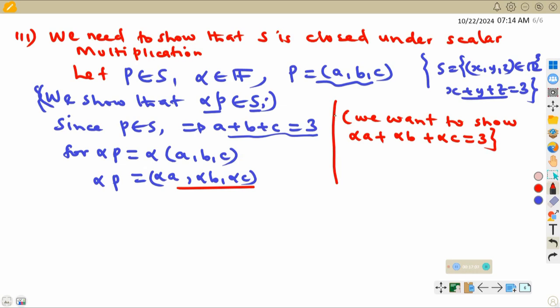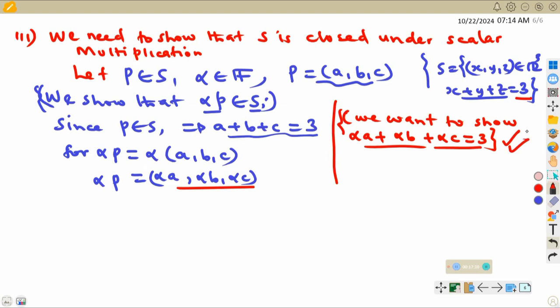This is what we are interested in. Because by the condition given, X plus Y plus Z must give us a 3, if alpha P is an element of S, then when you get alpha A plus alpha B plus alpha C, you must get a 3. So this is what we want.